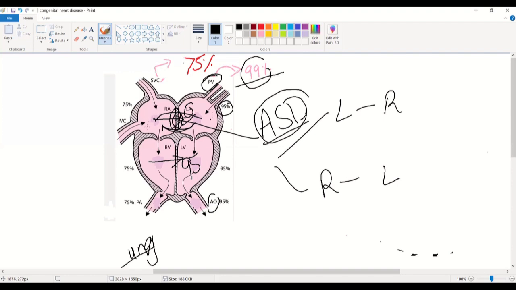So there is an increase in oxygenation on the right side. Let's suppose it goes to 85%, maybe 80%. Does it make some sense?